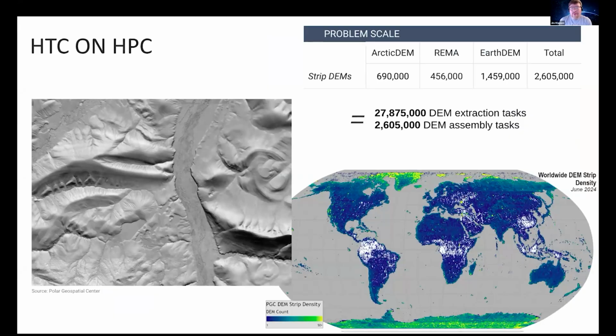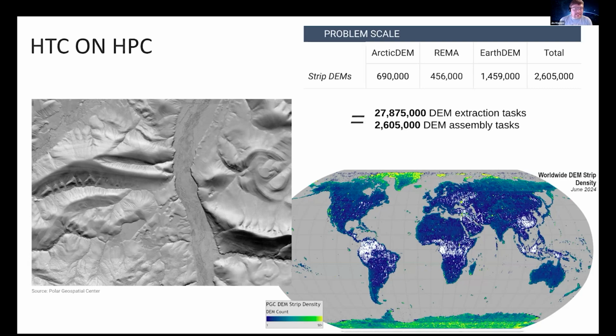If you look at it, we have over 2 million individual tasks, and those tasks get split into about 27 million DEM extraction tasks because the imagery we get from the satellites, oh, I should have said that, it's from satellite imagery.